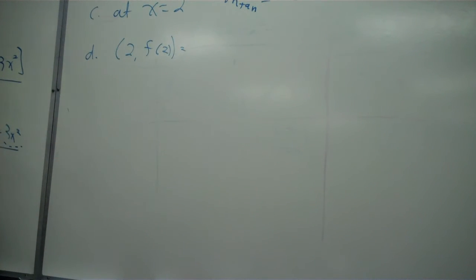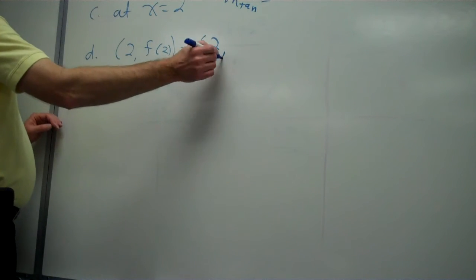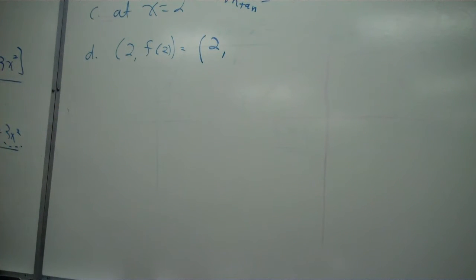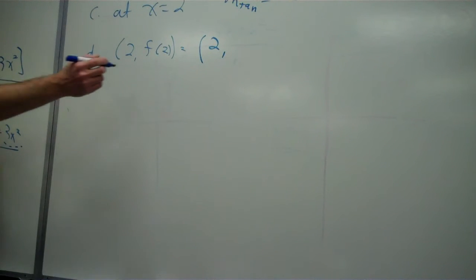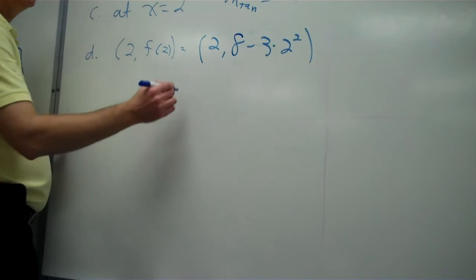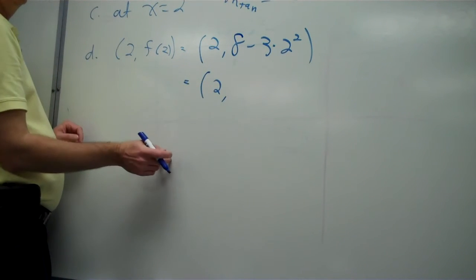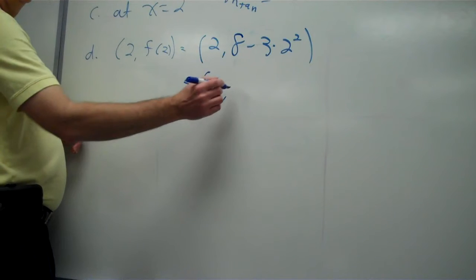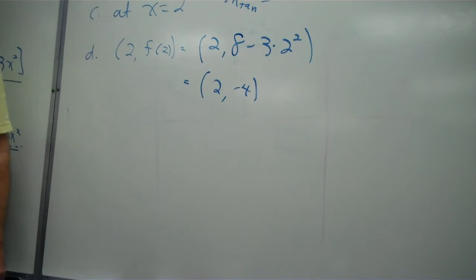Then they ask us to come up with the equation for the tangent line at the point 2, f of 2. Let's see, f of 2. 8 minus 3 times the input squared. 8 minus 3 times 2 squared. I believe that gives us negative 4.